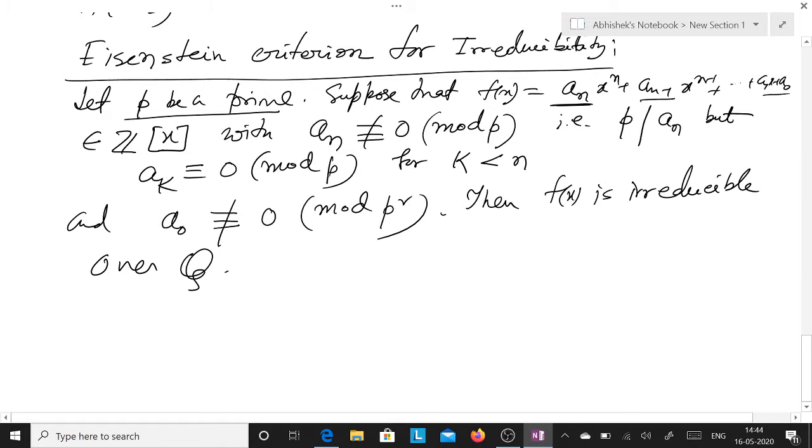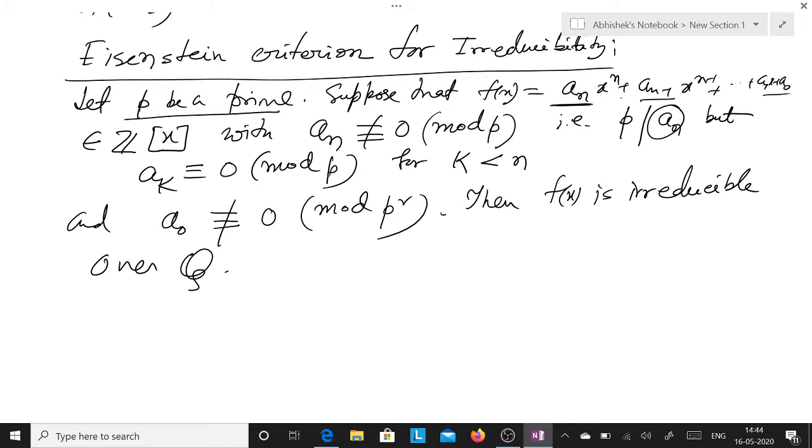One is whether the prime that we have chosen divides the leading coefficient a_n, this one, whether the prime p divides all other coefficients a_(n-1), a_(n-2), a_1, a_0, and also we need to check that the integer p square does it divide the constant coefficient or not.